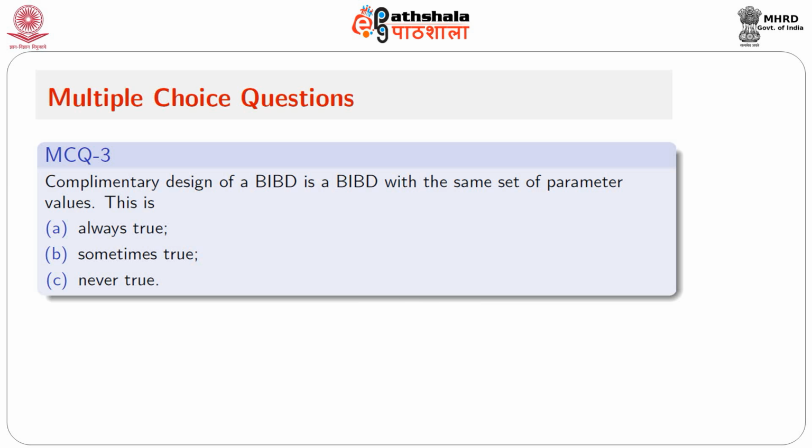So suppose v equal to 2k, does that mean that the complementary design is still a BIBD? That is what you have to figure out. First thing is, unless v equal to 2k, it cannot be. So sometimes it may be true if v equal to 2k. Even if v equal to 2k, is the complementary design a BIBD? That's what you have to figure out. Then your answer will be either B or C.